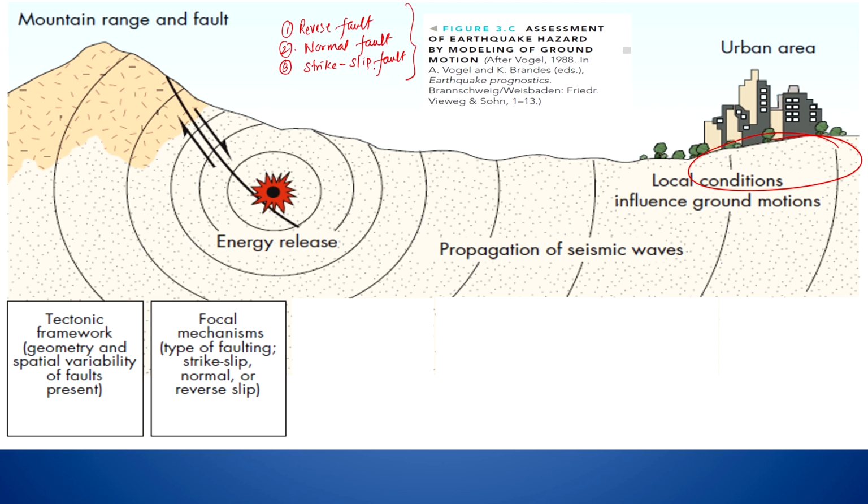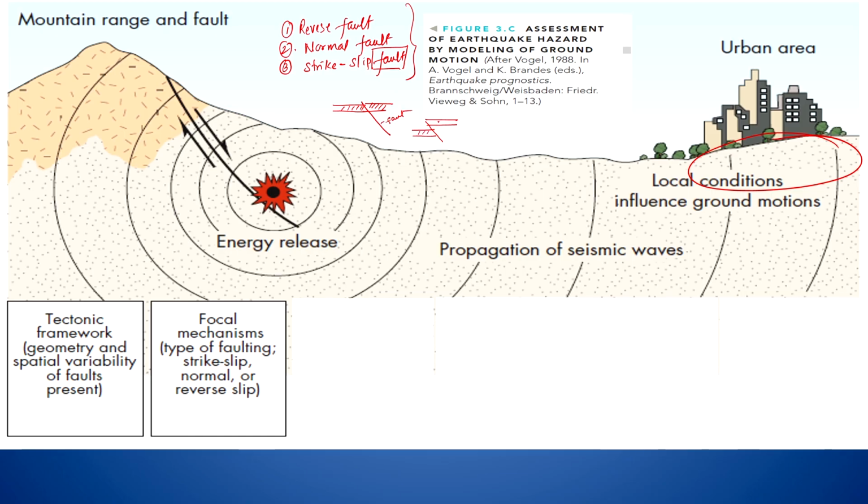If you define a fault, it is any fracture, for example in these sediments, and if this fracture shows some sort of displacement. For example, we have this unit here, and the same unit is on the other side, so this one is the fault.